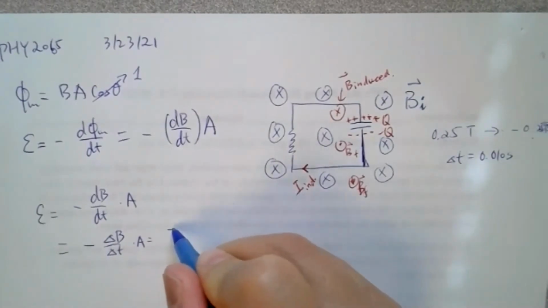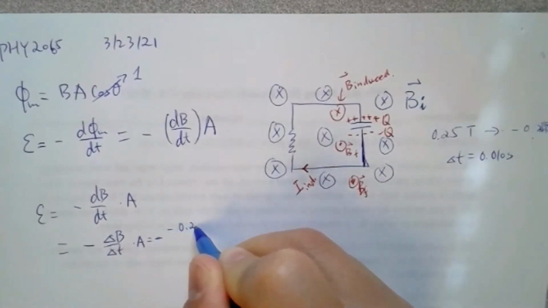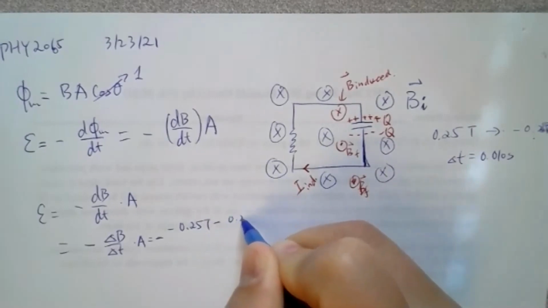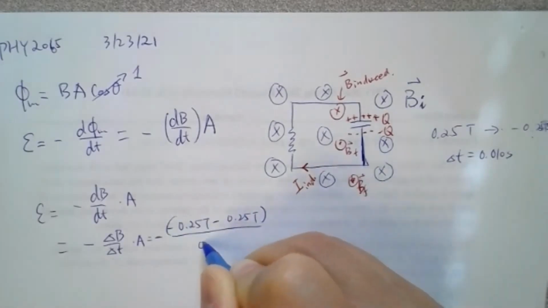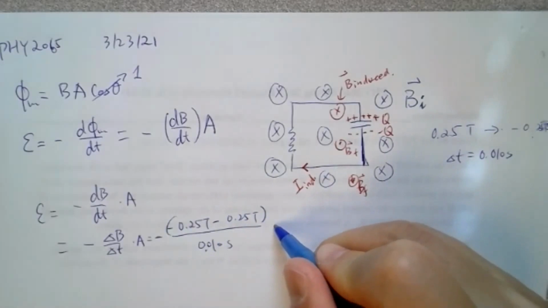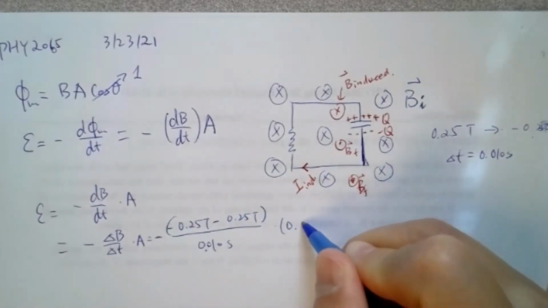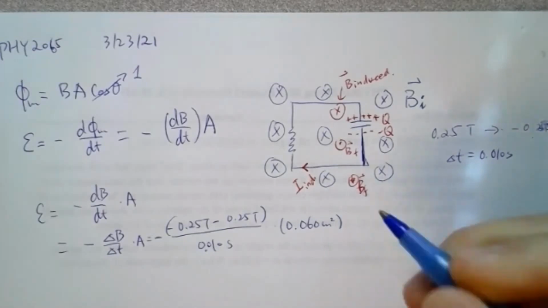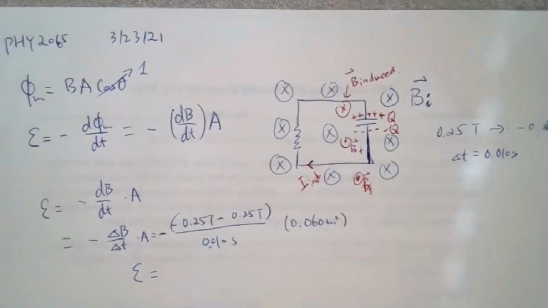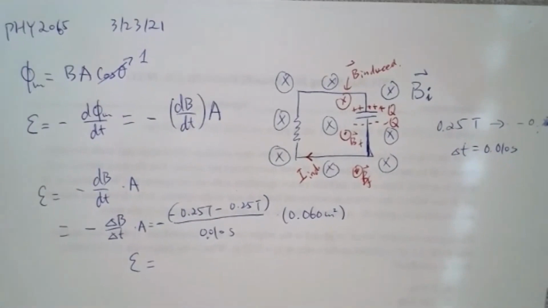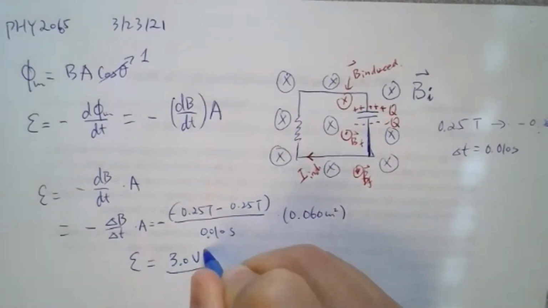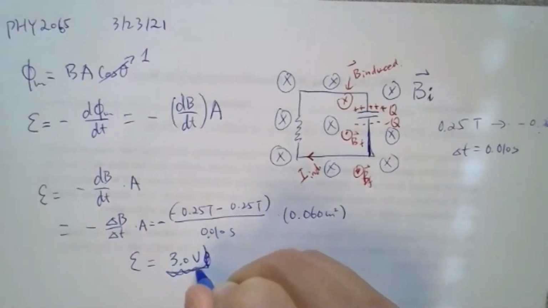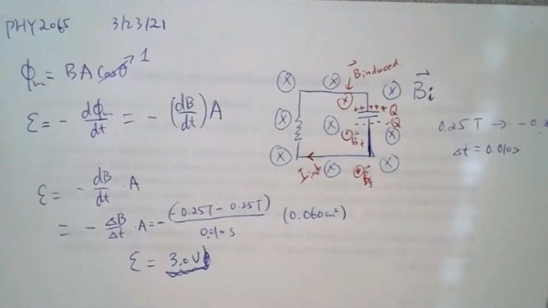Final is negative 0.25 tesla minus initial 0.25 tesla, divided by delta t of 0.01 second, times the area, which is 0.060 meters squared. When you plug in your numbers, epsilon is 3.0 volts for the induced EMF.